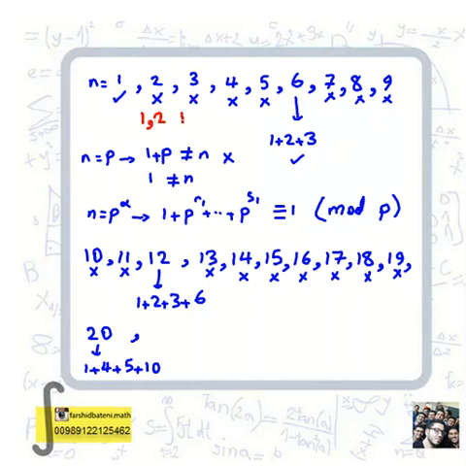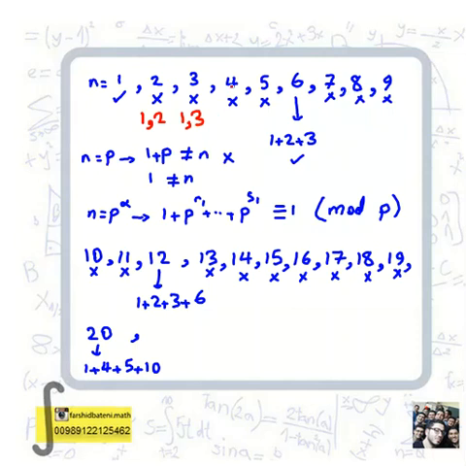If n equals a prime number p, it is not good because the divisors are 1 and p. 1 is not equal to n, and 1 plus p is not equal to n either.